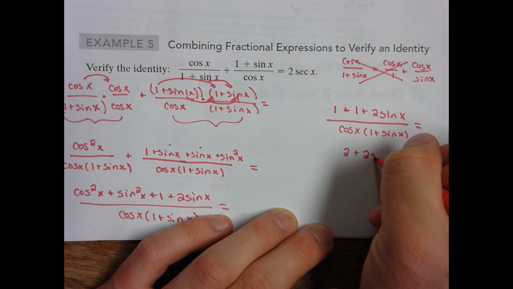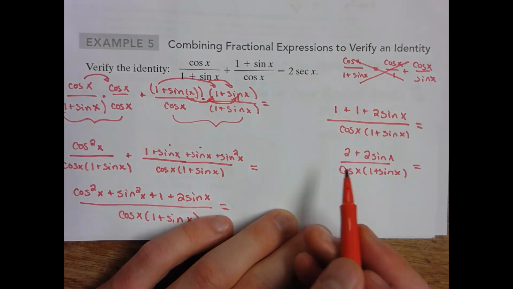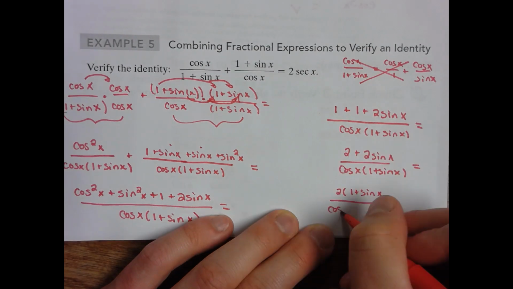And then in my numerator, is there some number or some term that shows up in both of those terms? A 2. So I can factor out the 2, leaving 2 times 1 plus sine of x over cosine of x times 1 plus sine of x. And by doing that, the 1 plus sine of x's divide out.